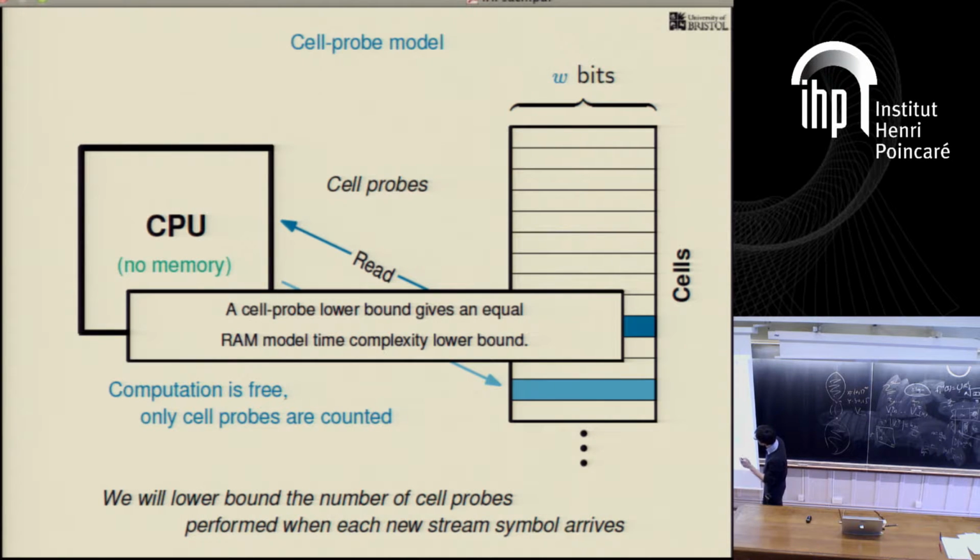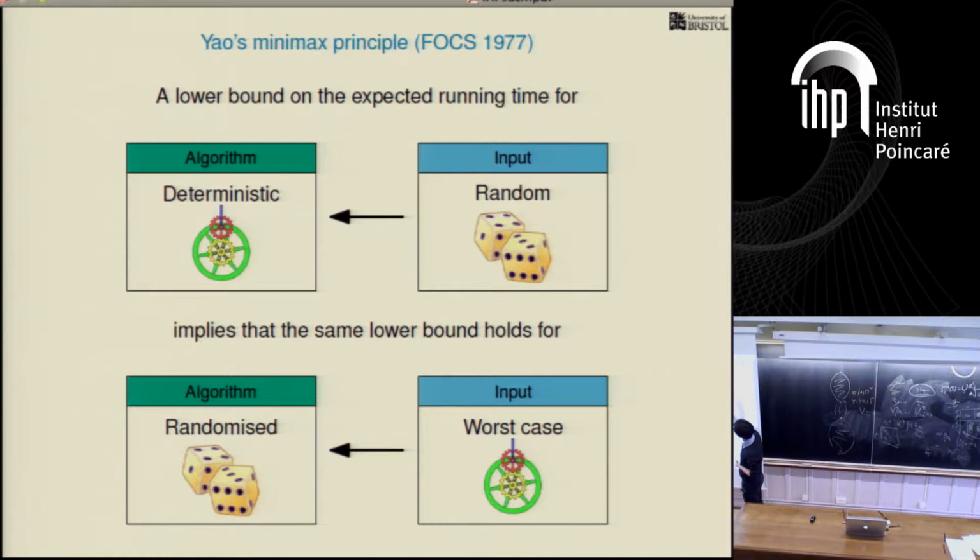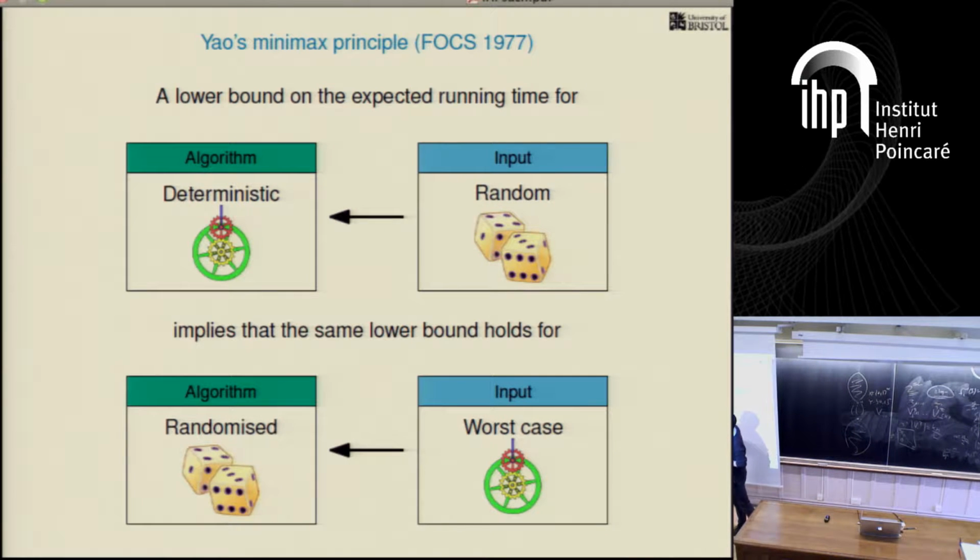Okay, so as I said, a cell probe lower bound gives an equal RAM model time complexity lower bound. And as is relatively standard, and you've seen before, we are going to employ Yao's minimax principle. What we're going to prove is a lower bound on the expected running time for any deterministic algorithm running on a random input.